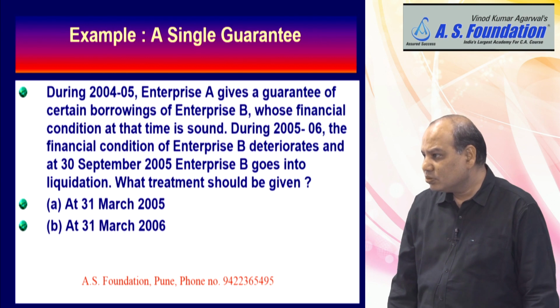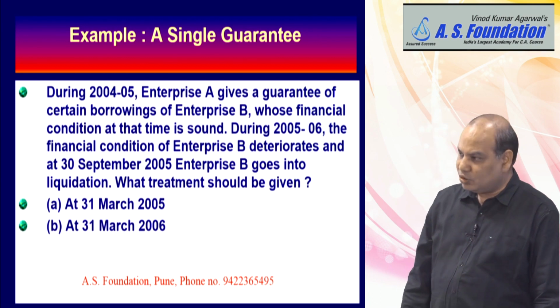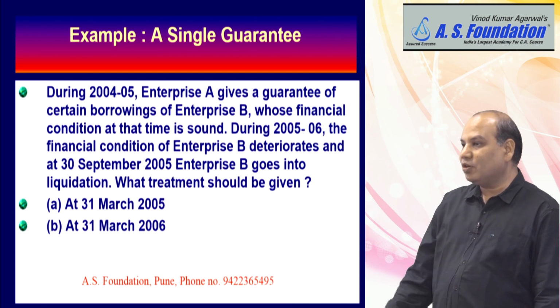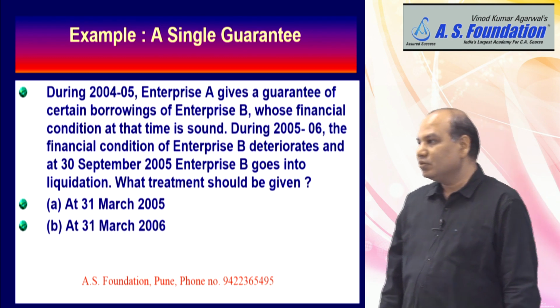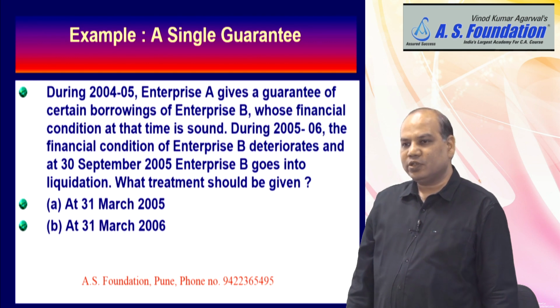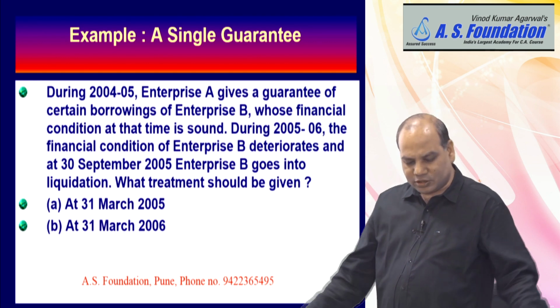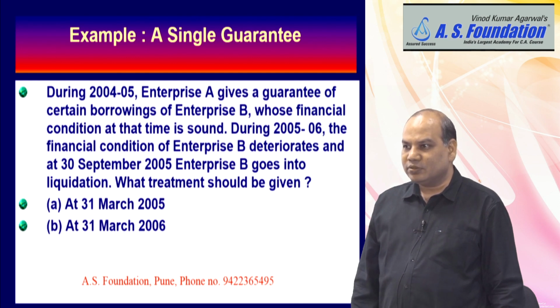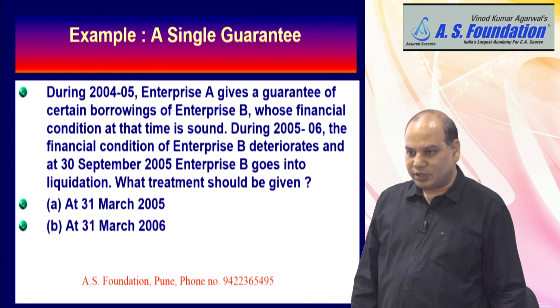In 2005, no provision is required. Only contingent liability needs to be disclosed because it is a possible obligation. Right now the condition is sound. But because we have given guarantee, the guarantee may be required to be paid in case of an uncertain future event.